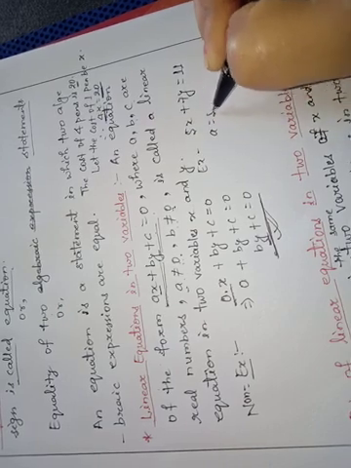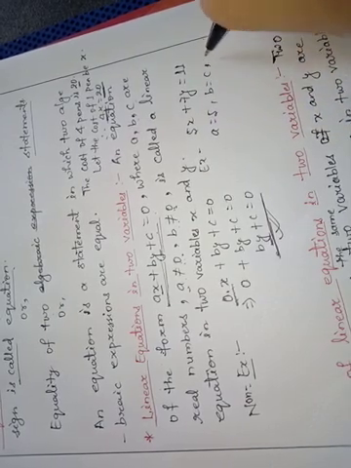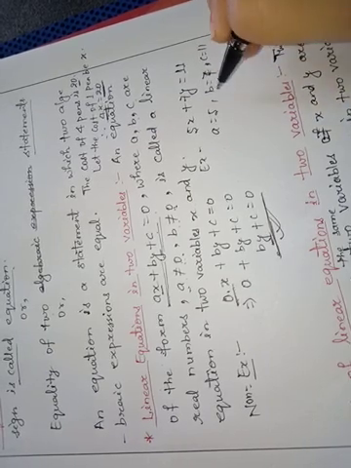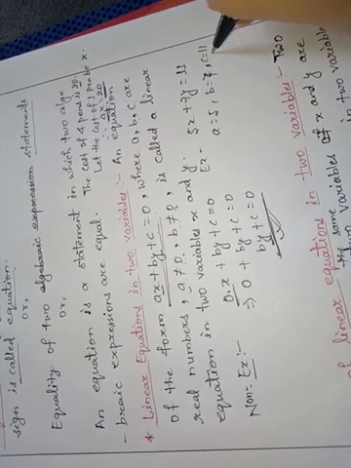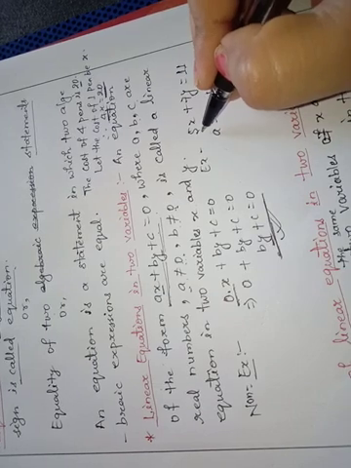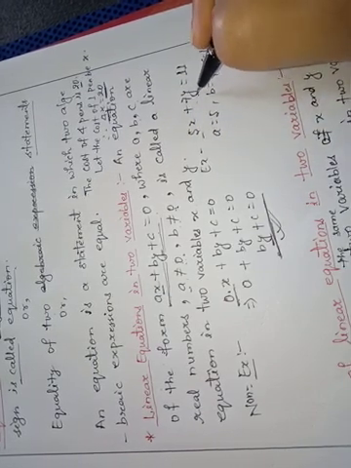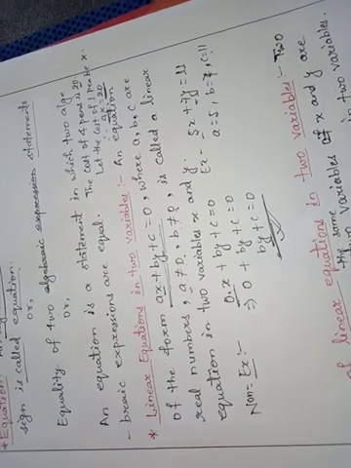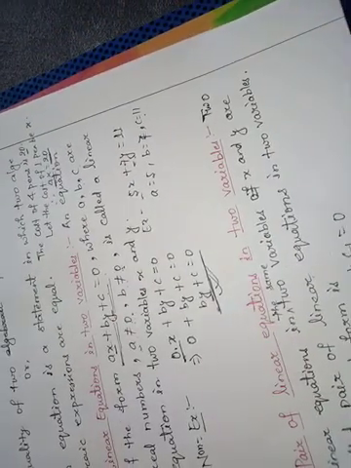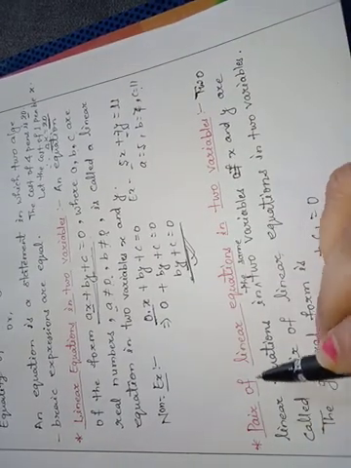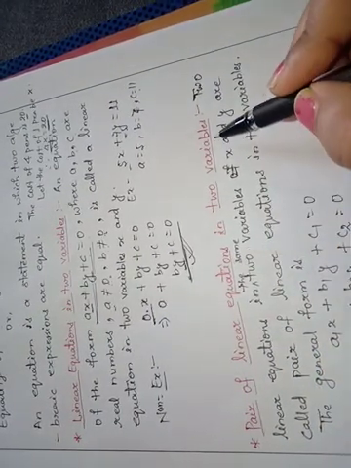A equal 5, b equal 7 and c equal 11. All a, b and c are real numbers, and in this equation a and b should not be equal to 0.